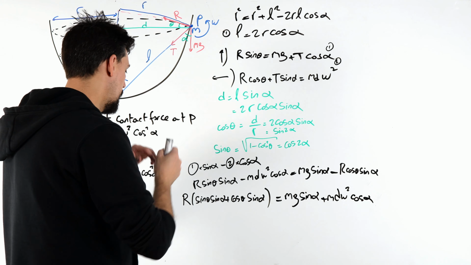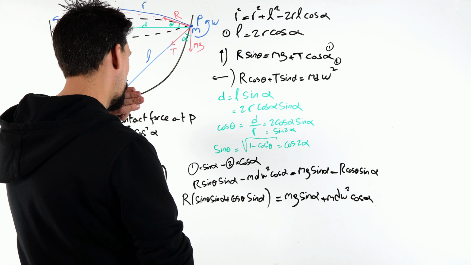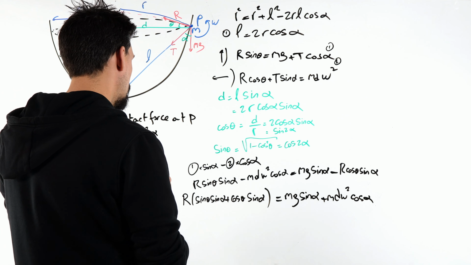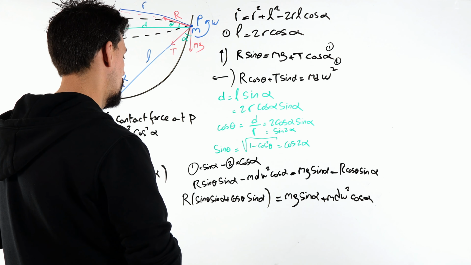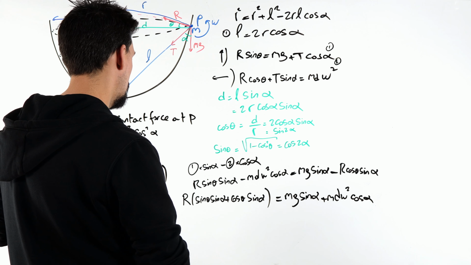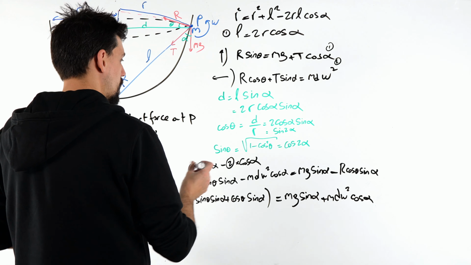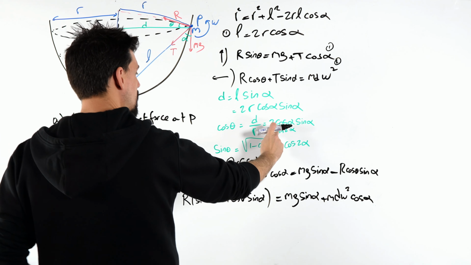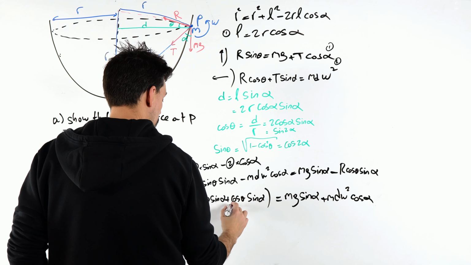Okay. Now we're going to have to use some of these. So what's cos theta sine alpha if I go on to here? Cos theta sine alpha is 2 cos alpha sine squared alpha.